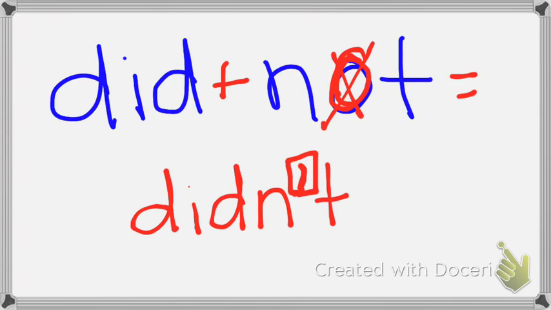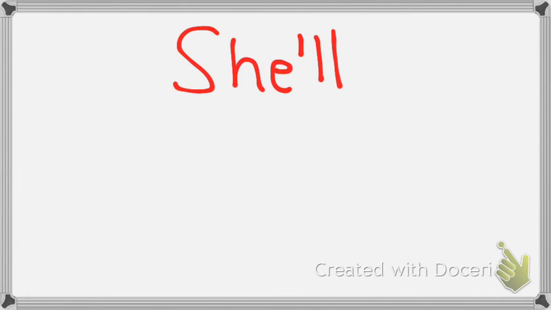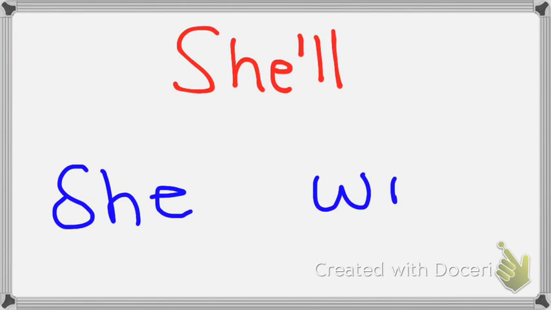So if I have, for example, the word she'll, it is our contraction. And this word is made up of the words she and will. If I put these two words together, I make the contraction she'll.